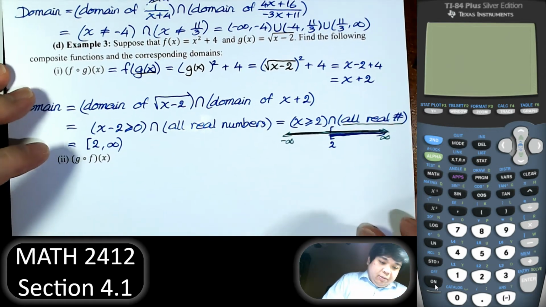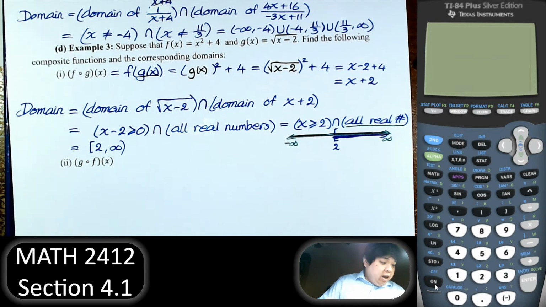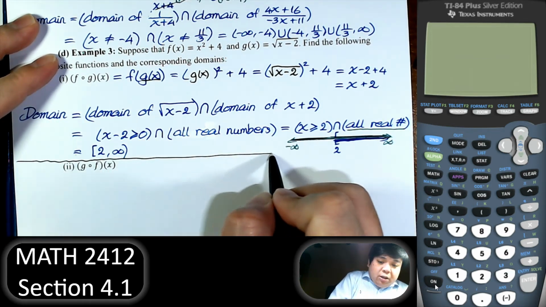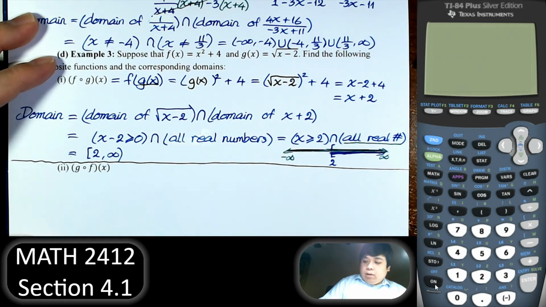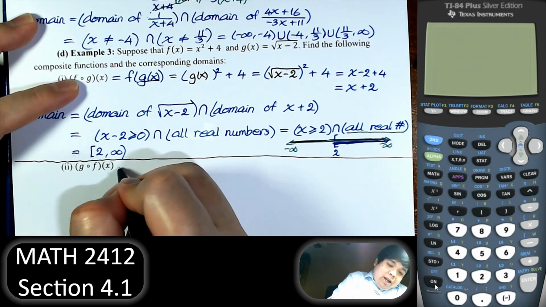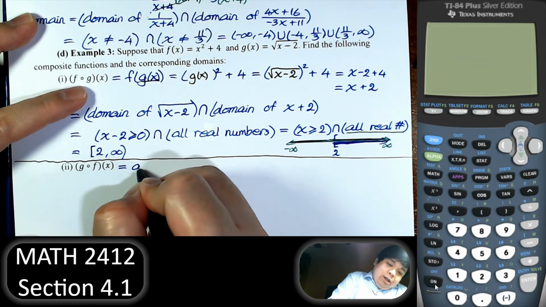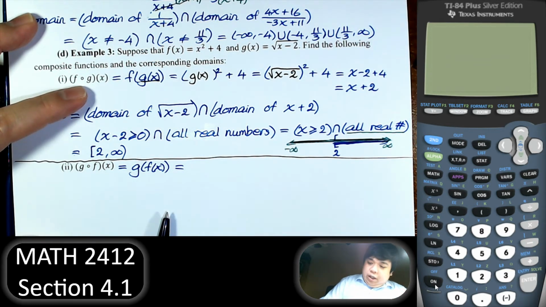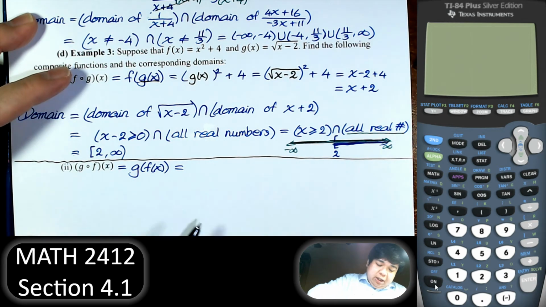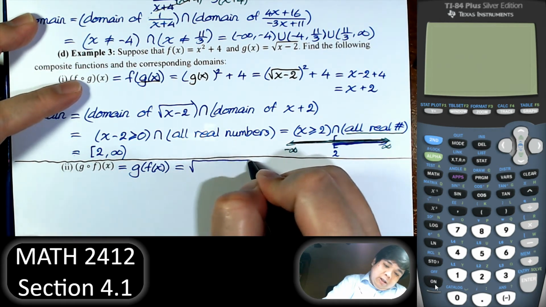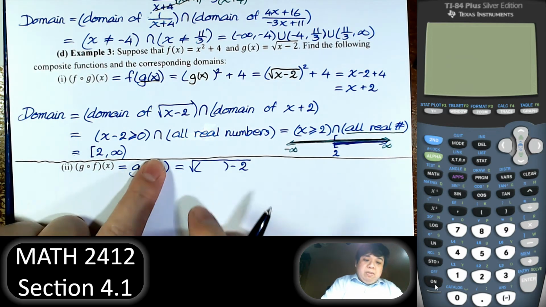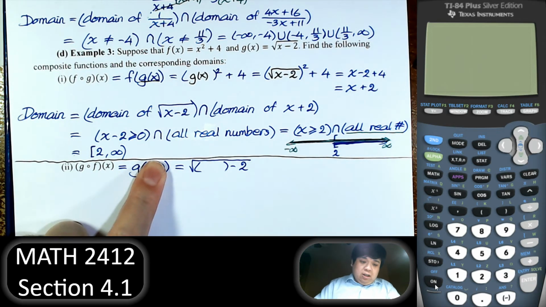Right. Next, g of f of x, we do the same thing. The function g is the square root of something minus 2. Doesn't matter what that something is.